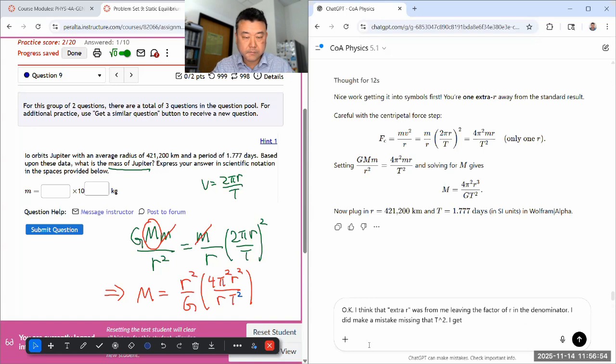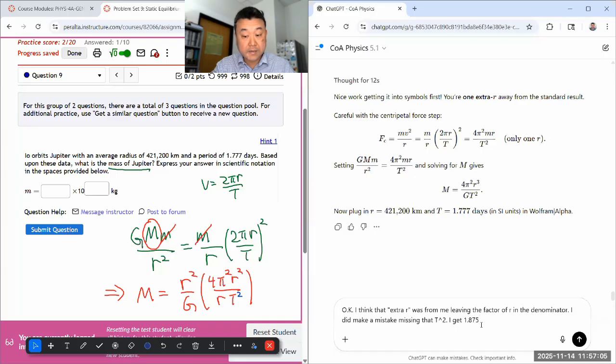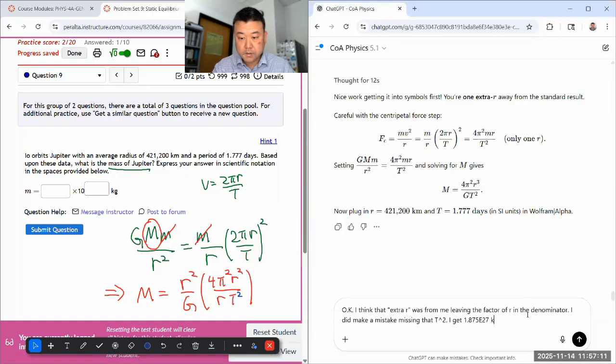I get, let's see, I get 1.875 times 10 to the 27, 1.875 E 27 kilograms from Wolfram Alpha. Does that sound right?